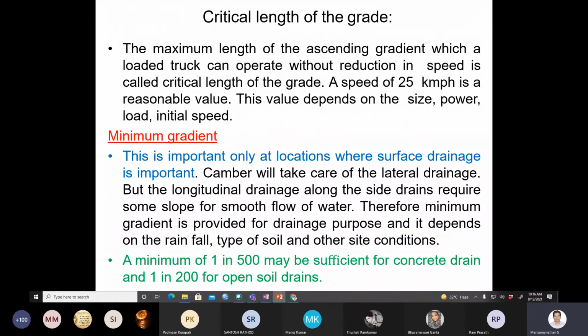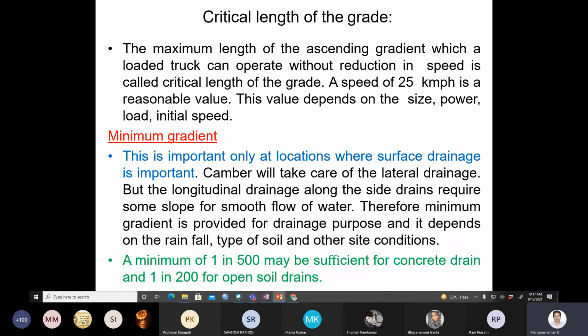Then the critical length of the grade, which is the maximum length of the ascending gradient that needs to be considered with respect to the loaded truck. So the loaded truck speed is considered. That means if it is traveling at 40 km, it should not reduce the speed while passing that particular ascending gradient.